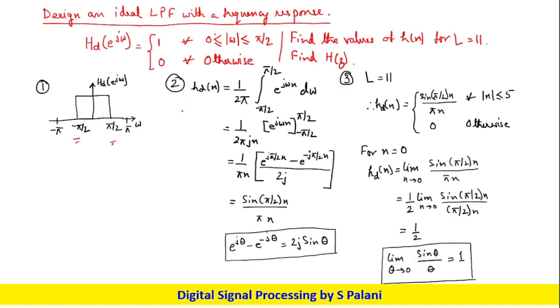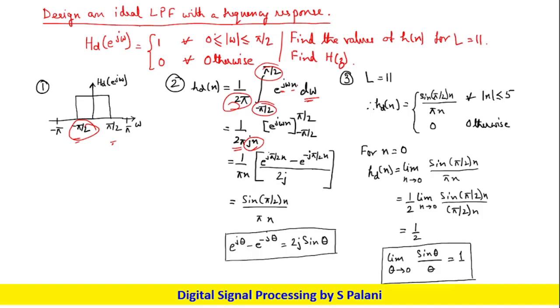Okay, so next, we have found out the frequency response, then we will be putting the values of omega c and minus omega c into the integral, right? Then this is a simple integral, so 1 by 2 pi is there, and because it is an integral of d omega, this jn comes out and we get 1 by 2 pi jn.